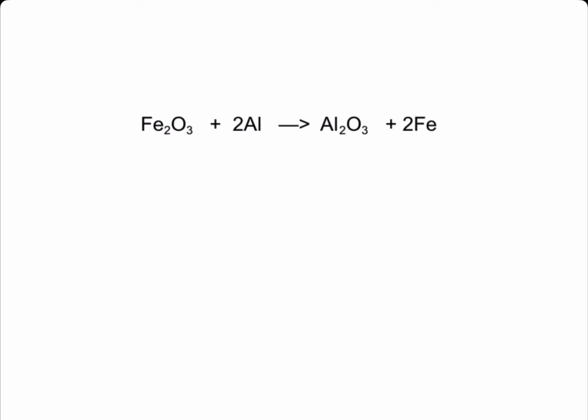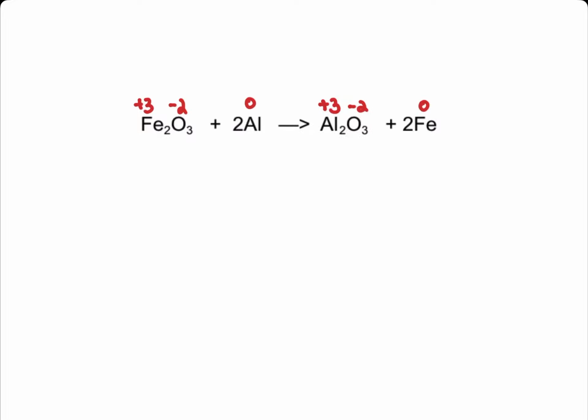Let's take a look at another example. I have this reaction, and I want to try to understand the oxidation and the reduction. So let's go ahead and assign oxidation states. Iron is going to be +3 and oxygen -2. Aluminum is 0. Aluminum here is +3, oxygen -2, and iron is 0.